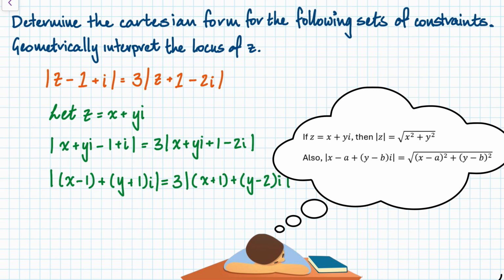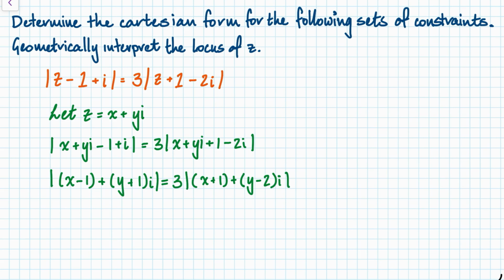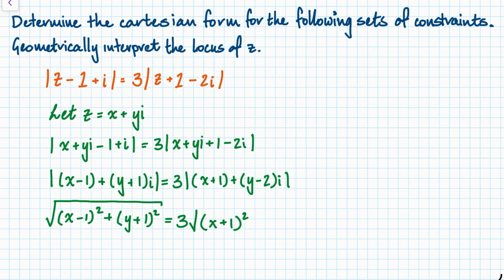Now, I'm going to find the distance between these points by using Pythagoras. So on both sides, I'm going to have the square root of x minus 1 squared plus y plus 1 squared is equal to 3 times the square root of x plus 1 squared plus y take 2 squared.